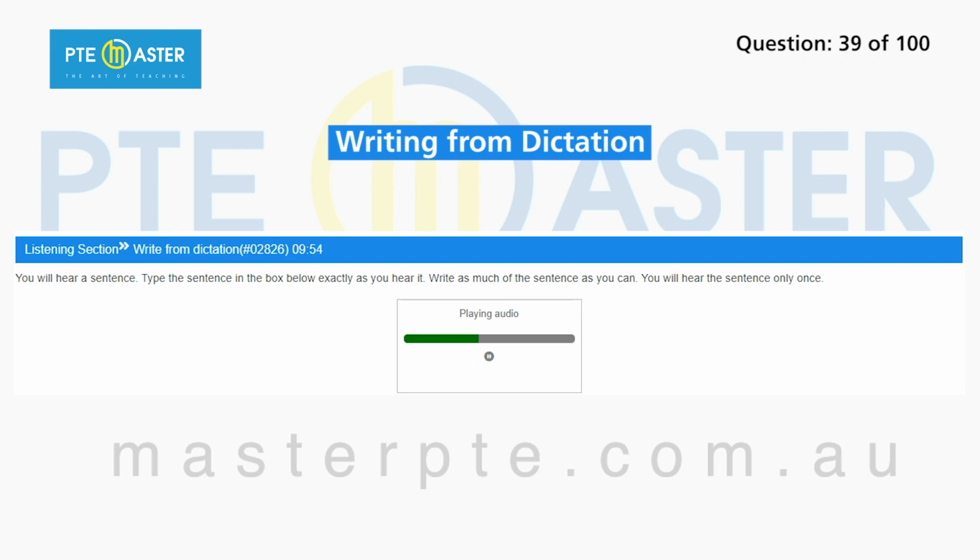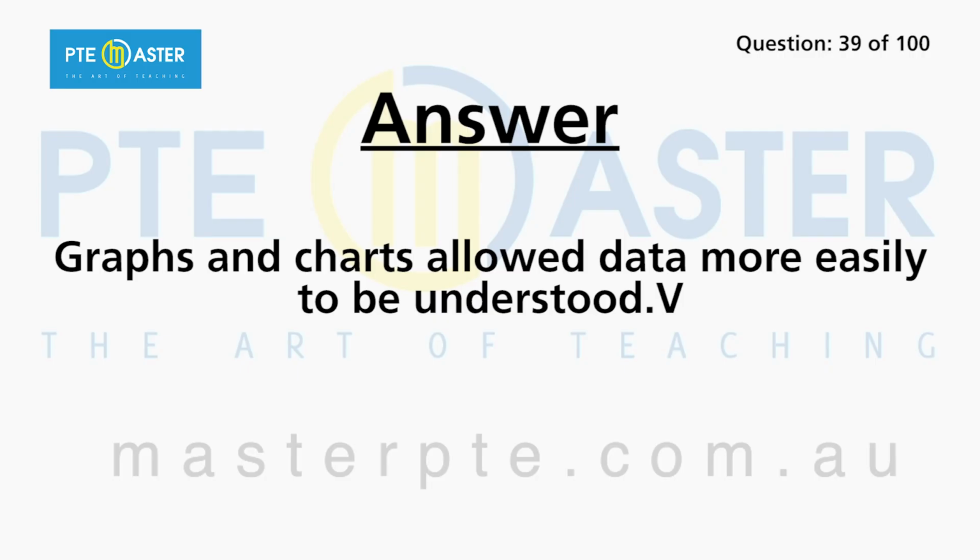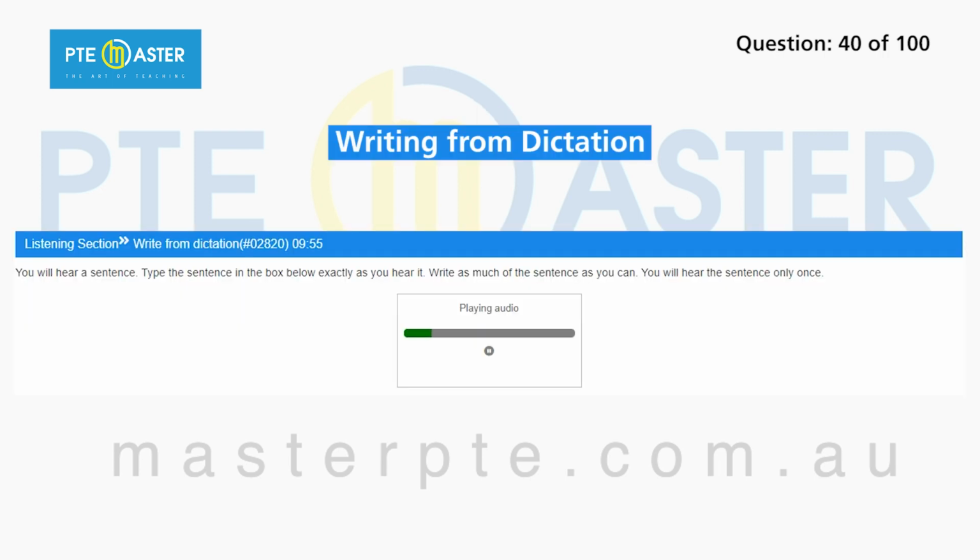Graphs and charts allow data more easily to be understood. The opening hours of the library are reduced during summer.